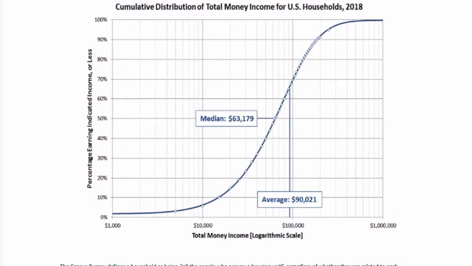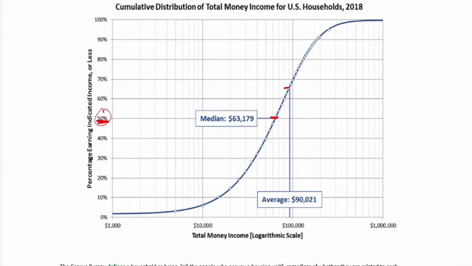So what percentage of the people, so you've got an income here at 63,000, and that's 50% because that's the median. 50% of people earn 63,000 or less. Because this is right skewed, your average is higher than that.